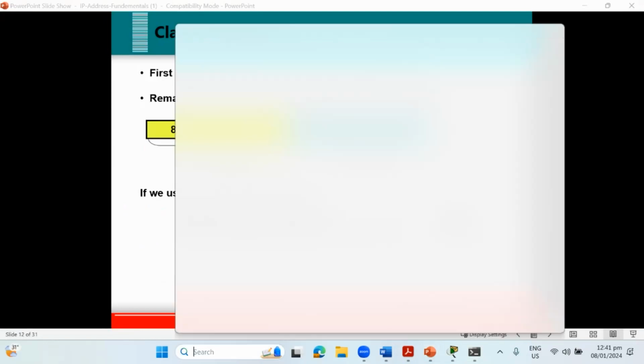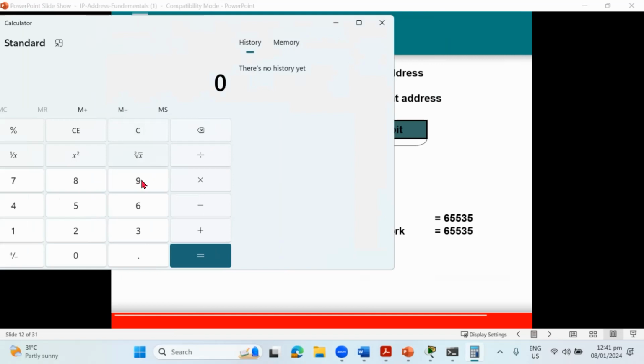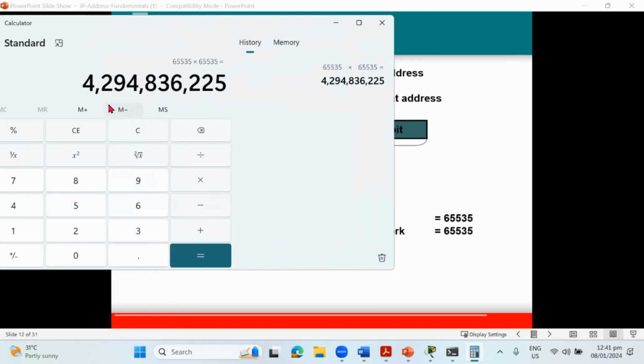So, pag kinompute natin yan, madami pa rin. 65,535 networks times 65,535 PC. Ganun pa rin, 4 billion. Hinati lang siya per group.